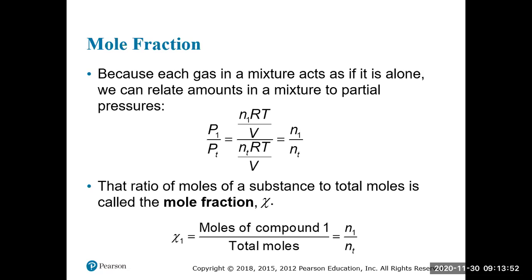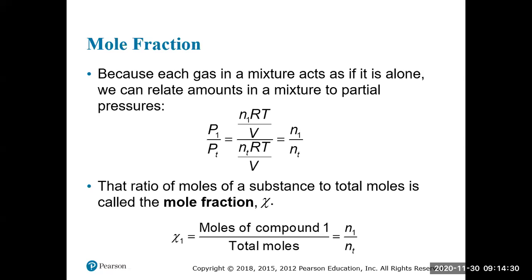And then the denominator with the T, PT and NT, that just signifies the total pressure and the total number of moles. When you take these ideal gas laws for the individual gas and then the total, what you see is that the gas constant, the temperature, and the volume all cancel out. And so you're simply left with P1 over PT, the total, is equal to the number of moles of that gas divided by the total number of moles.